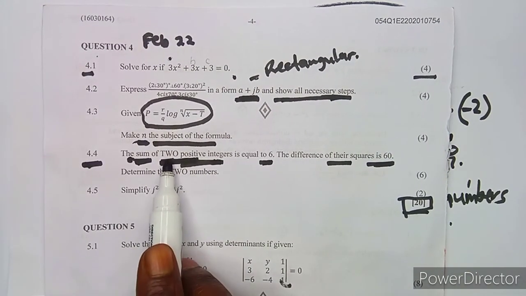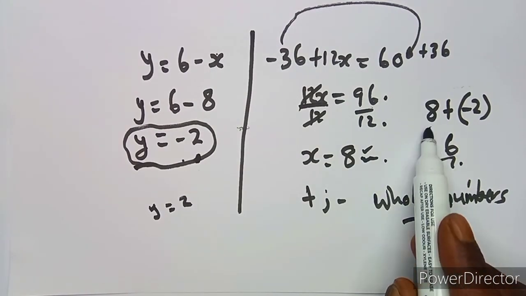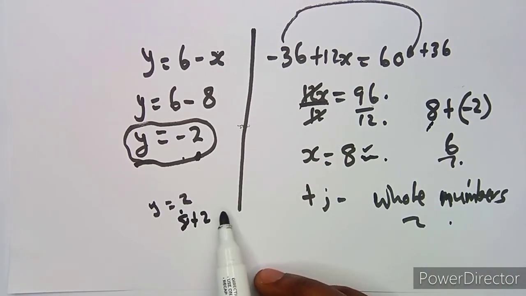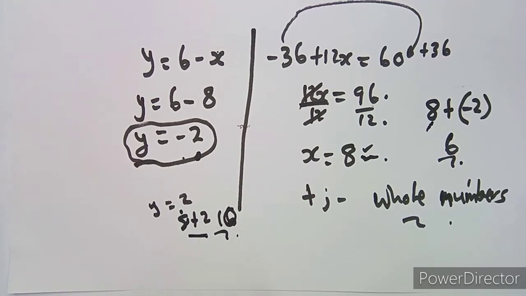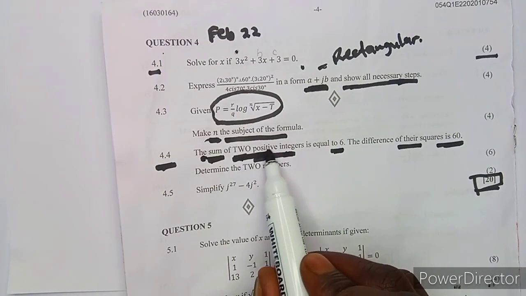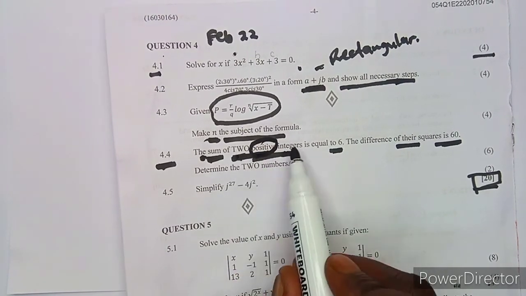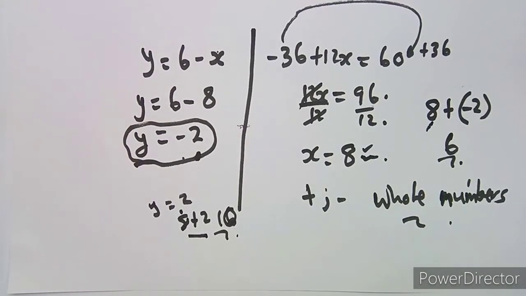If we add 8 plus 2, as you can see, it's giving us actually a 10. So it's not going to make sense. So this word here was not supposed to be there, so that it can make sense. It's just two integers. Okay, so that is what we had.